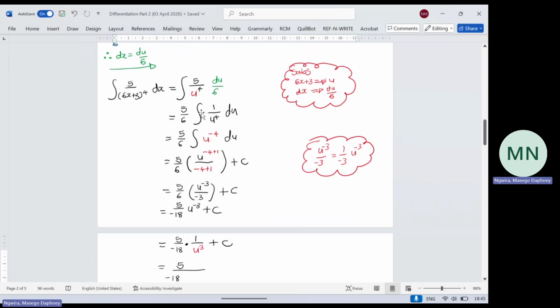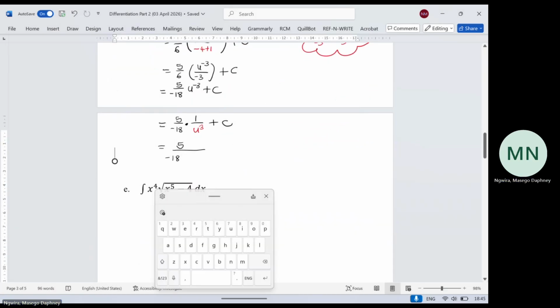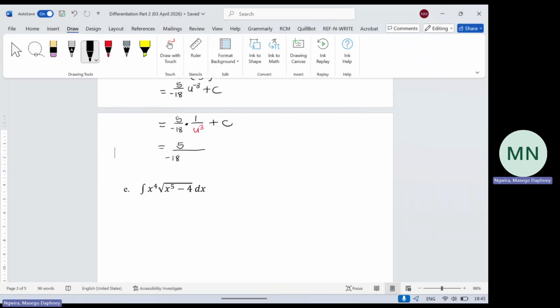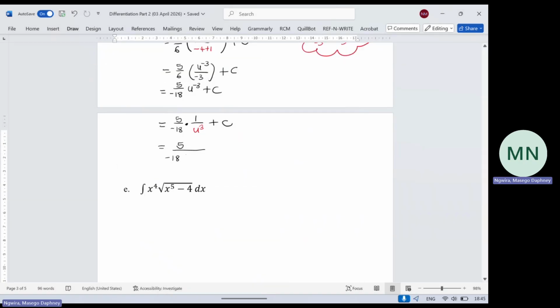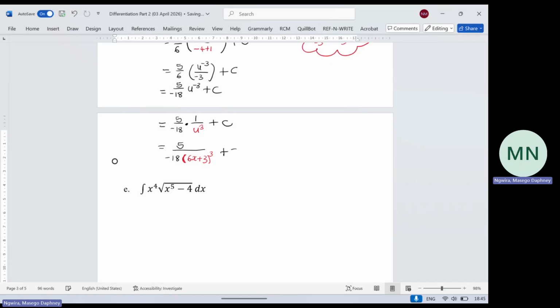I hope I did everything correct. Because remember u is 6x plus 3, then to the power of 3. Don't forget your plus c.